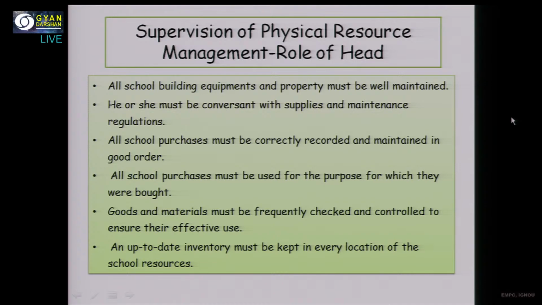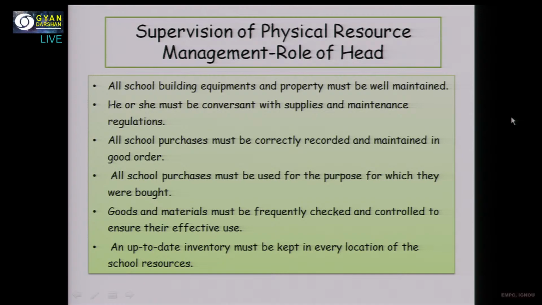Then comes the supervision of physical resource management. What is the role of the head in the supervision of physical resource management? In such cases, all school buildings and equipments must be well maintained. The head teacher should be conversant with the supplies and maintenance regulations.